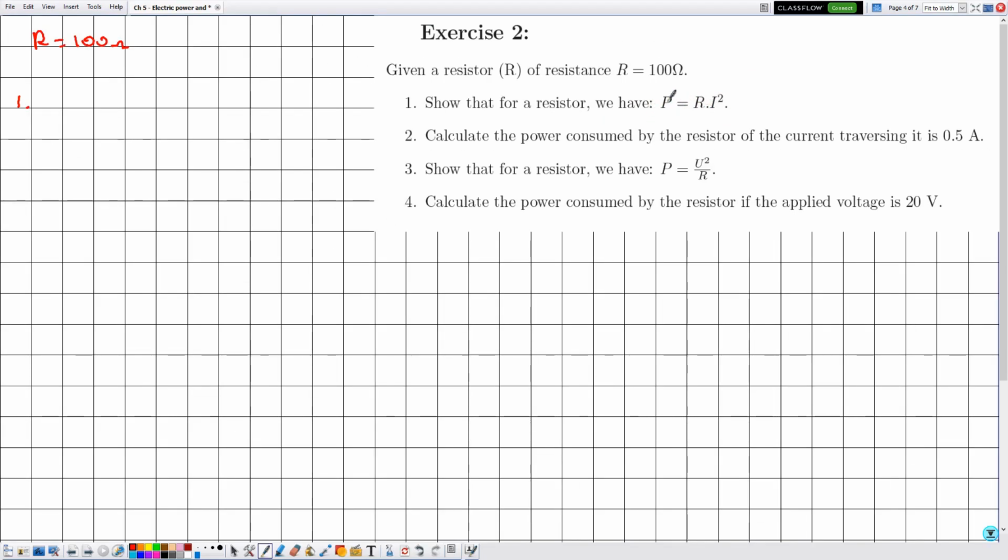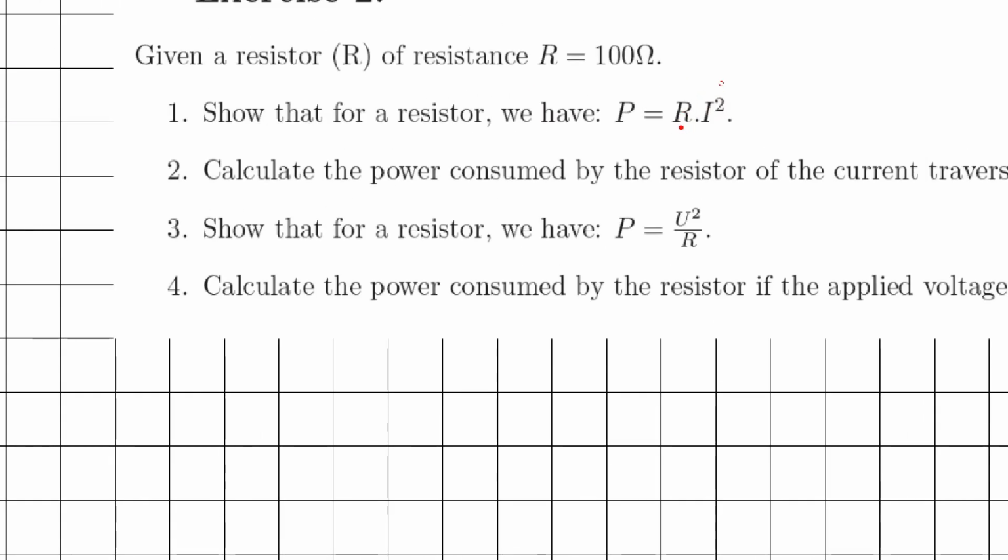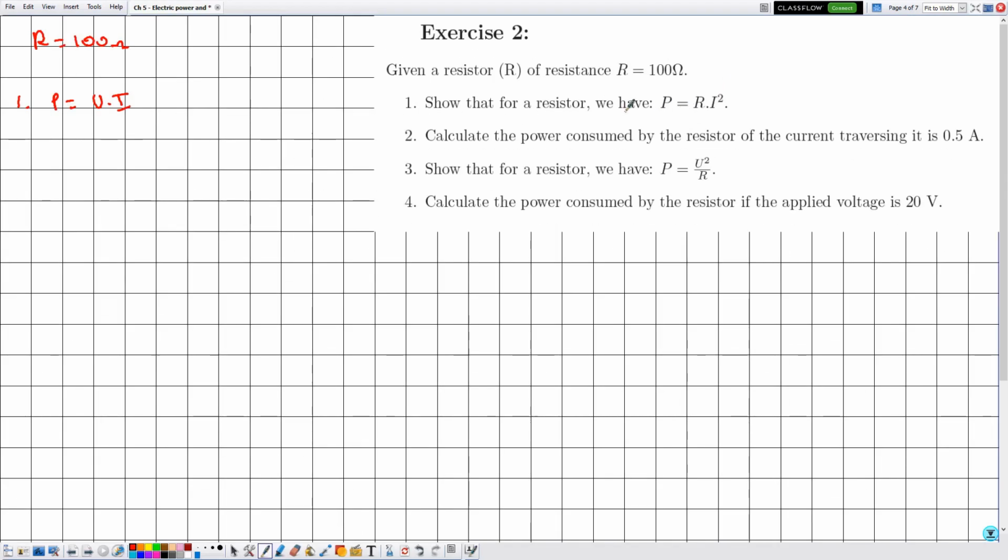Then in order to prove this, we will always start by the general form, which is given by P is equal to U multiplied by I. Notice that here in this form, P is equal to Ri square, the resistance R appears in the equation. So this gives us a hint that we need to use Ohm's law, which is given by U is equal to Ri.